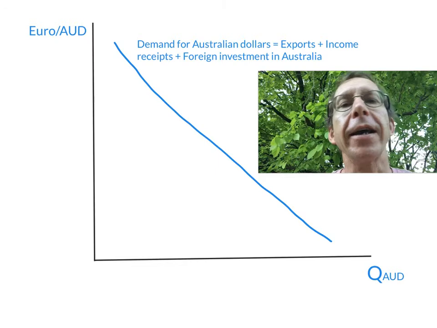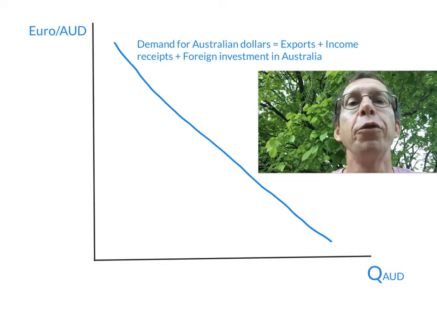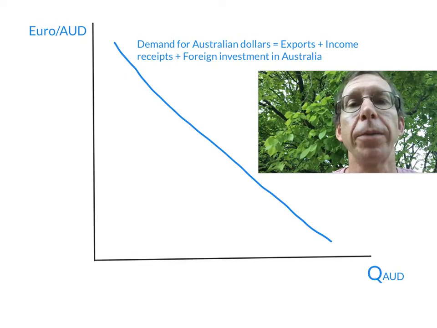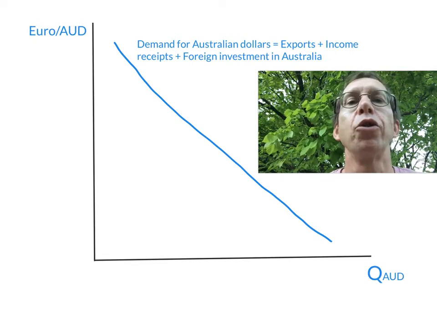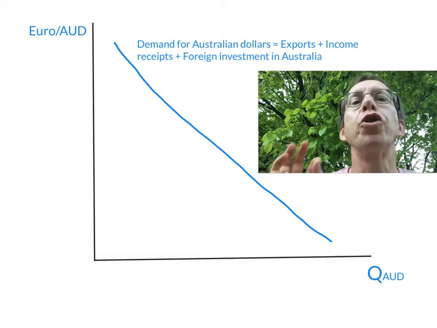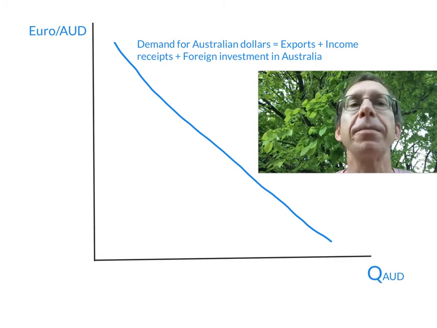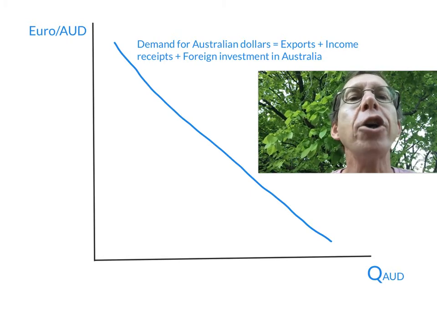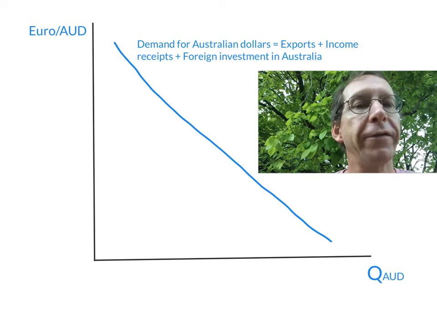It's not like buying a car where you want to drive the car, or some food where you want to eat the food, or a movie ticket where you want to go and enjoy the movie. You're buying dollars not because you want to eat, drink, or enjoy the dollars, but because you want to do something with the dollars. You want to buy Australian goods or services, pay someone in Australia, or invest in Australia. So the demand curve for Australian dollars is derived from an underlying demand for something else. That's why it's called a derived demand curve.